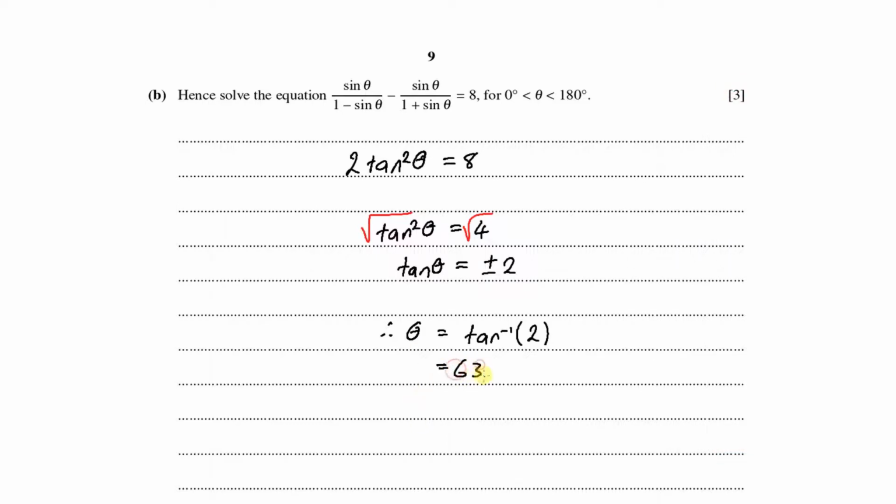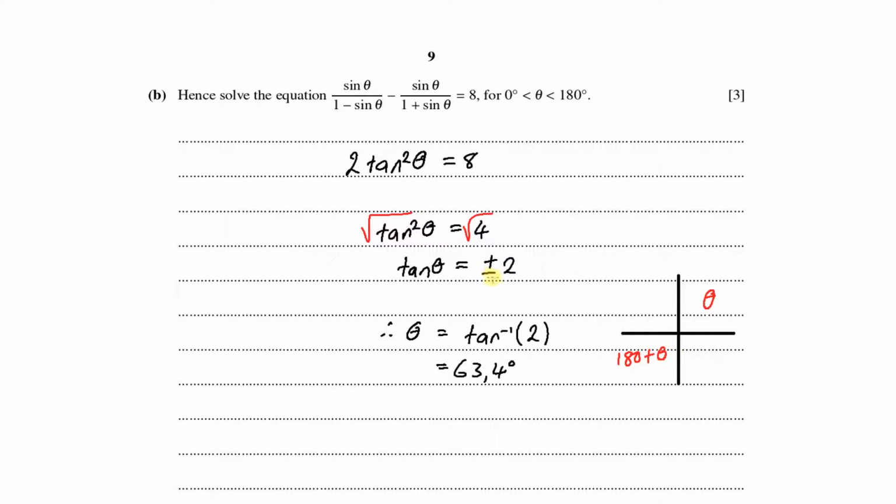So that's 63.4 degrees. If you look at the quadrants, we know that tan theta is positive in the first quadrant and in the third quadrant where it has the value 180 plus theta.